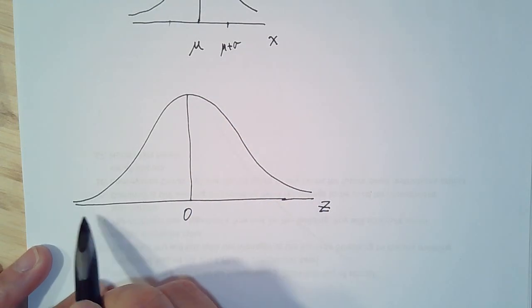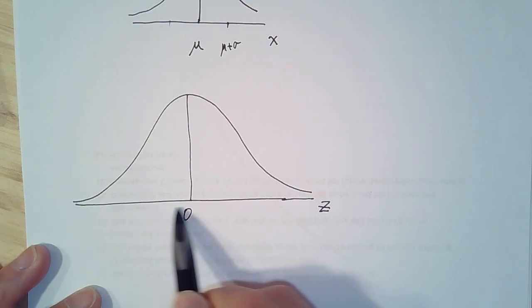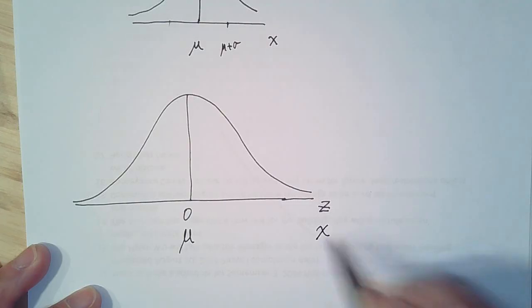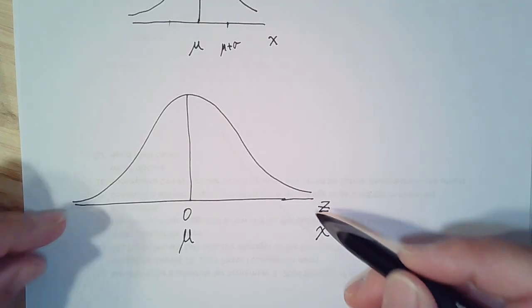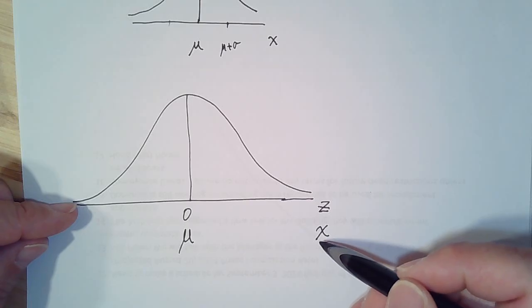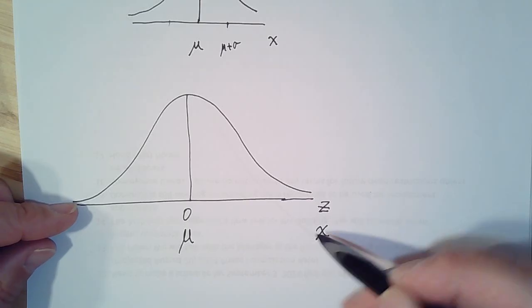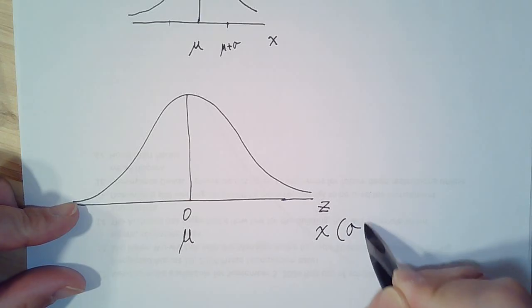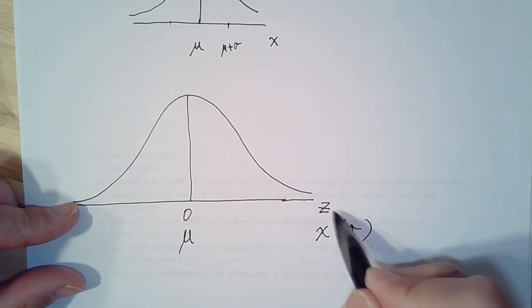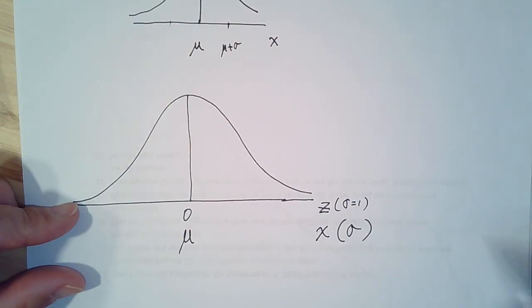At the same time, I share this number line but use a different label, because I can also use it for x, another continuous random variable, where I know the mean and the standard deviation. For z, the mean is 0 and the standard deviation is 1.